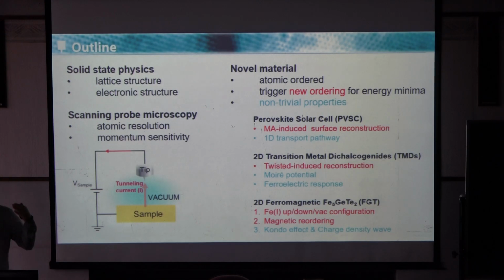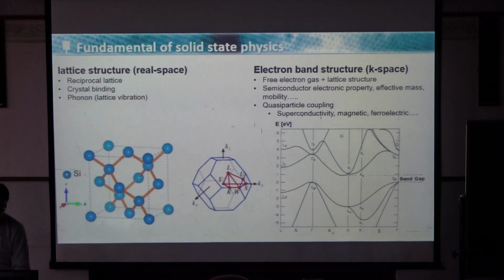Today I will use these three materials to demonstrate the concept I described: that they have atomic ordering, and we measure the new ordering under different conditions. Finally, we also utilize STM measurement to reveal the non-trivial property of the material.